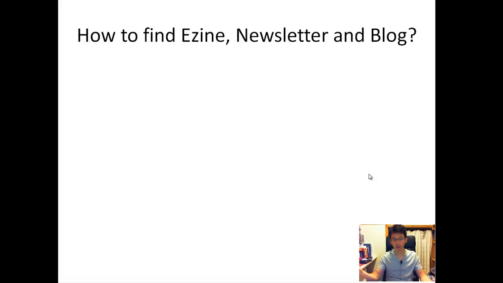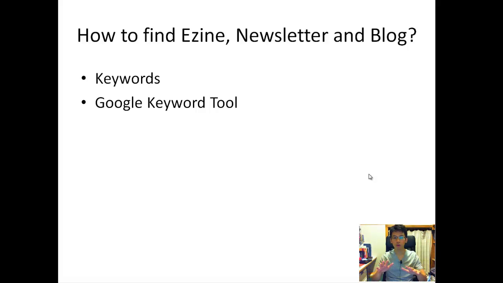So how can we find these e-zines, newsletters or blogs? Firstly, we would like to find keywords that are relevant to our product or our niche. We'll use Google keyword tools later, and don't worry, I will go through the whole process with you after this presentation, so you will go through it really deeply.